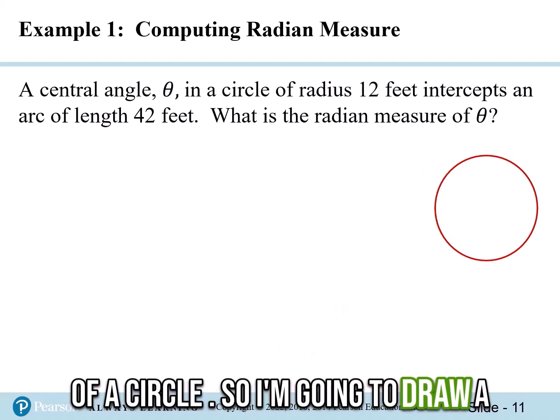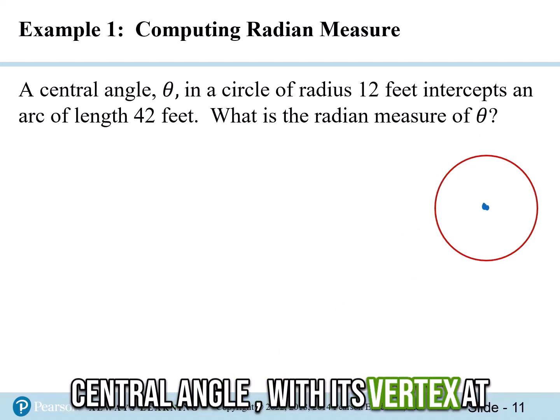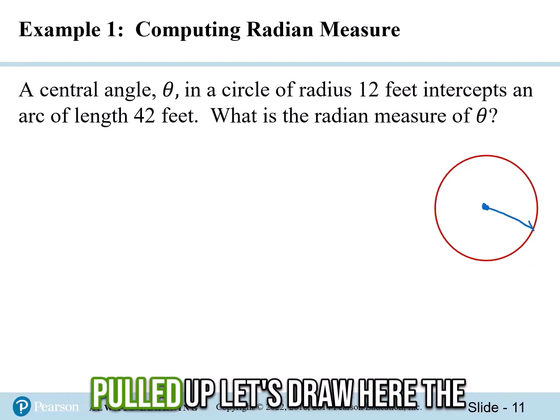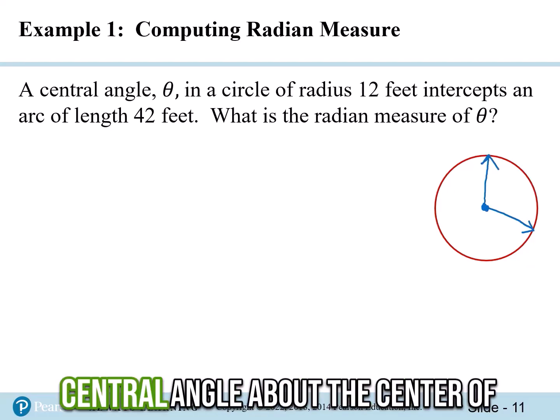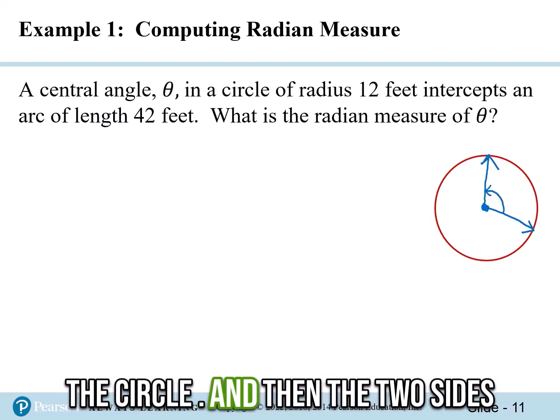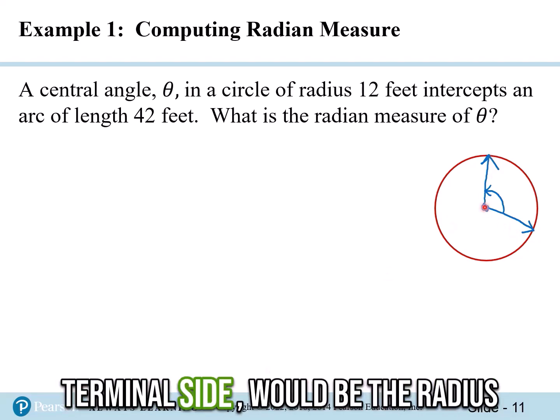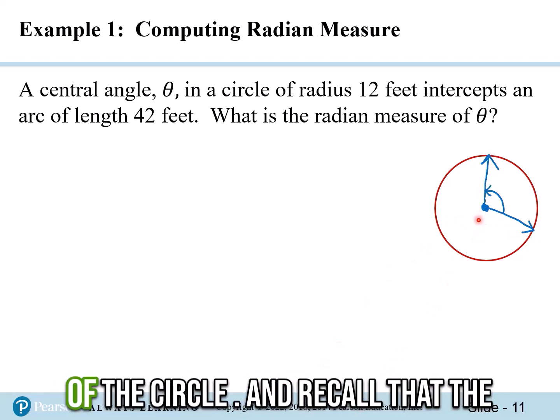So I'm going to draw a central angle with its vertex at the center of this circle that I just pulled up. Let's draw here the central angle about the center of this circle, and then the two sides of the angle, the initial side and the terminal side, would be the radius of the circle.